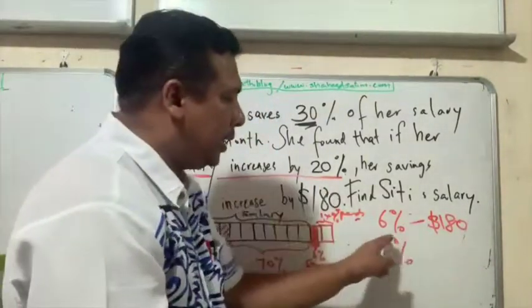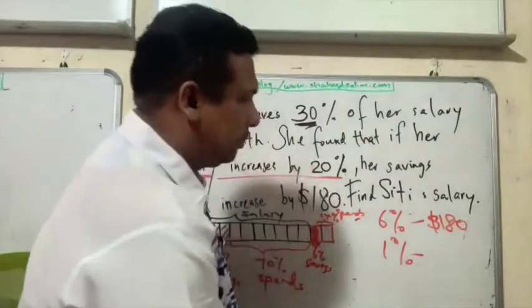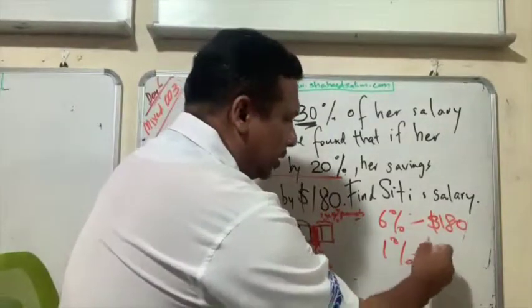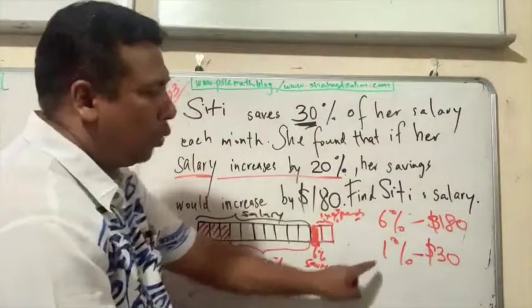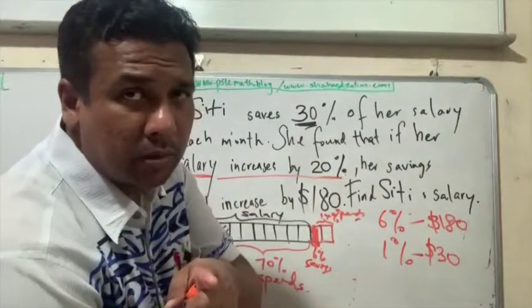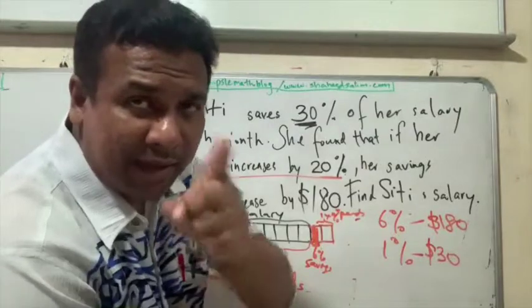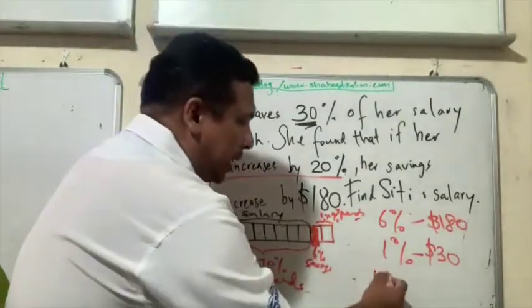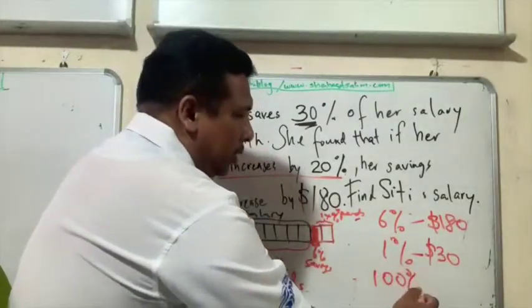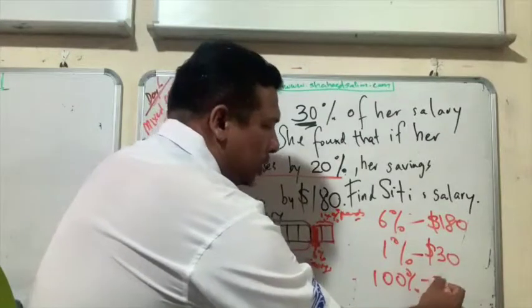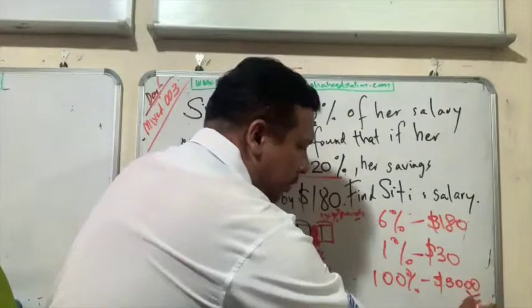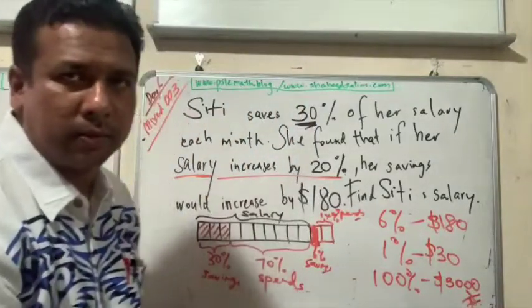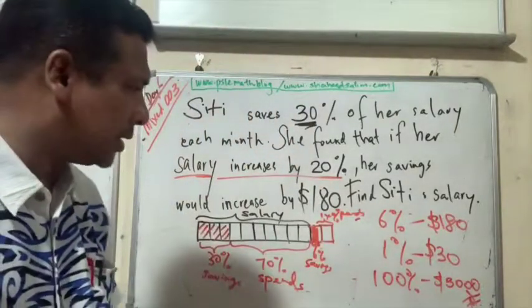Take 180 divided by 6 and you will get $30. 30 times 6 is 180. So 1% is $30. Siti's salary is 100%, so you times 30 by 100, which is $3,000. And that is your answer. I hope you have gotten it this time.